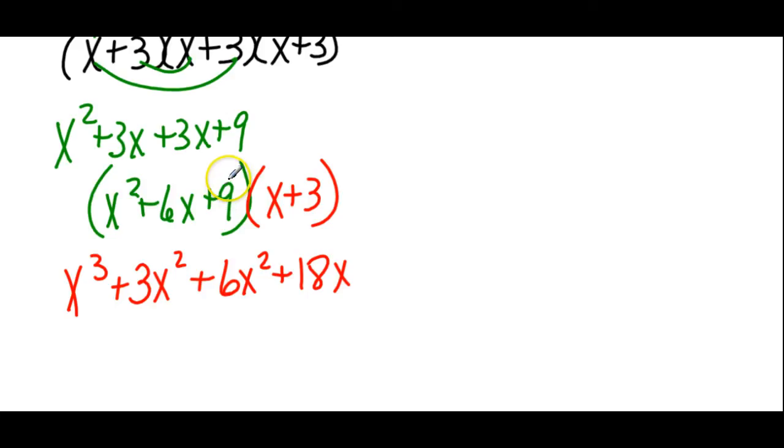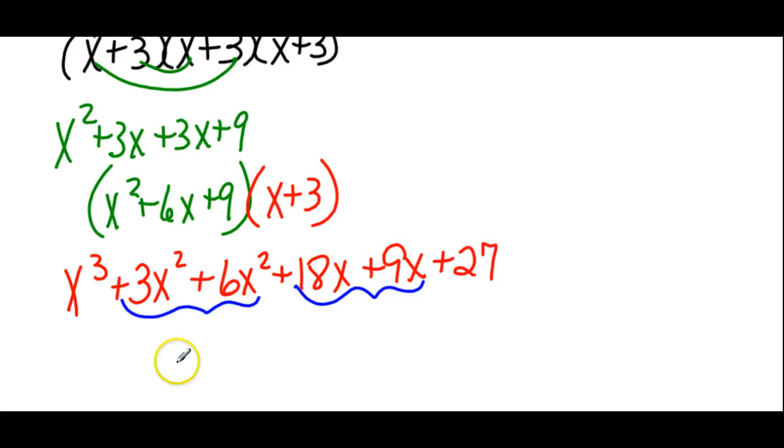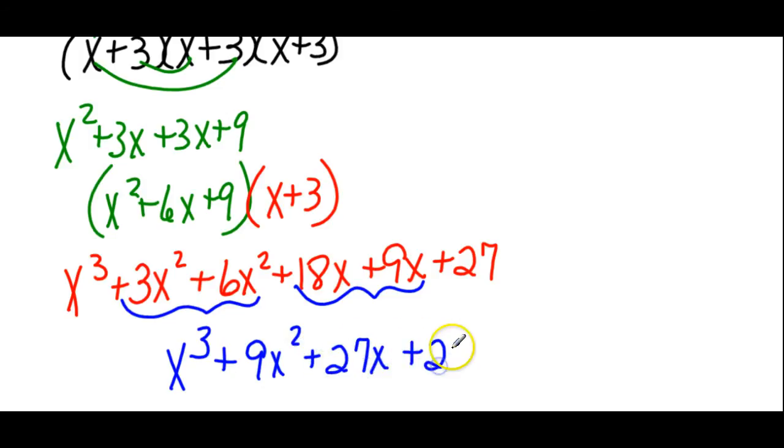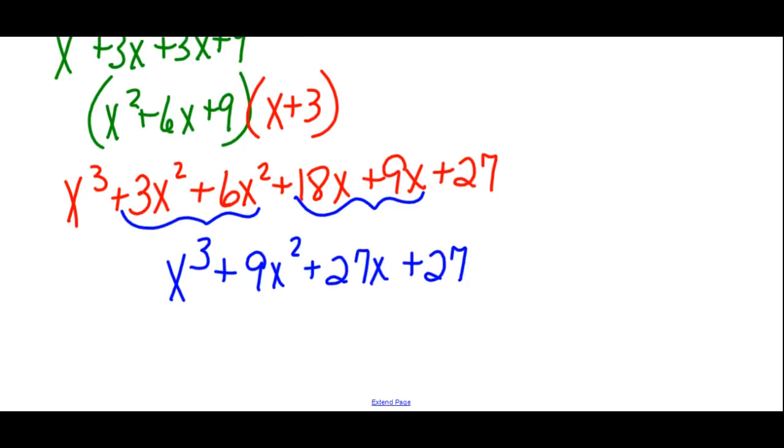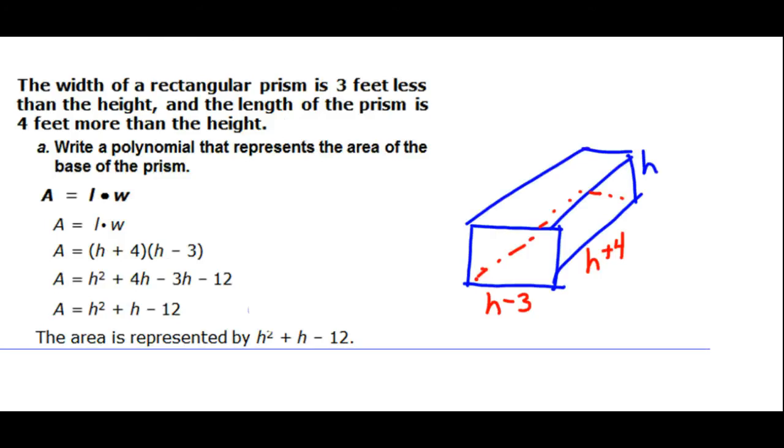Now move on to the 9. 9 times x is 9x, and 9 times 3 is 27. Combine your like terms. These two are going to go together. These two are going to go together. And your final answer is going to be x cubed plus 9x squared plus 27x plus 27. And there we go.